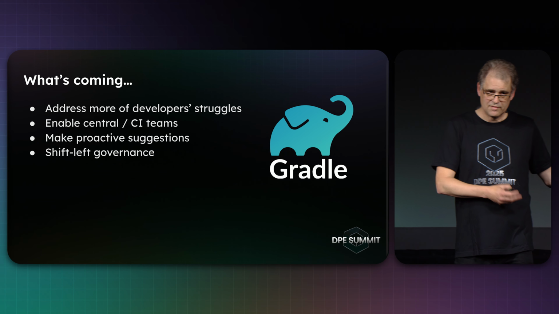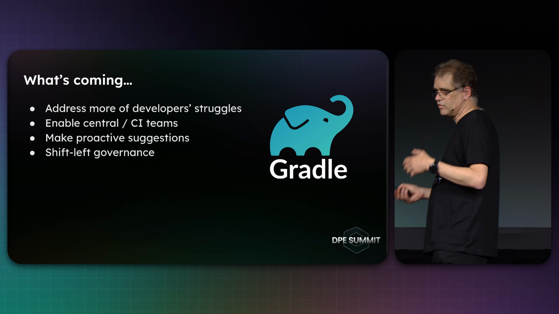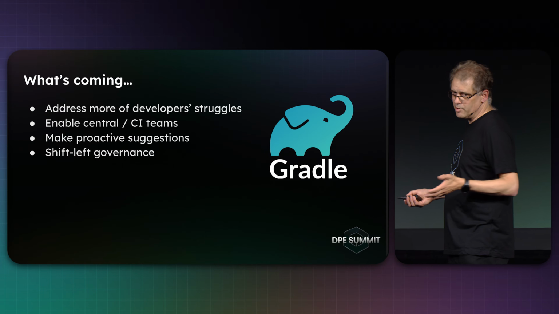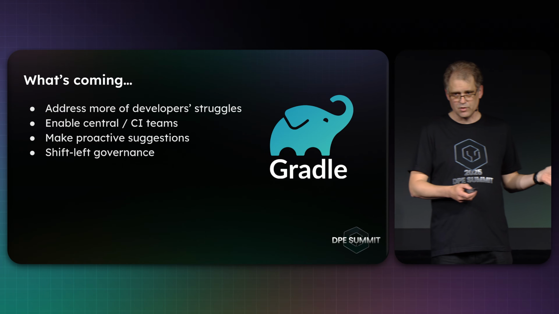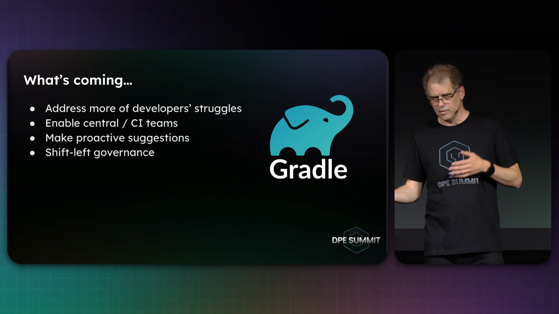We can say, hey, here's how you could optimize your build and make it 5 times faster. Here's how other people optimize builds similar to yours. And of course, we can shift left governance and bring warnings to the developers and say, well, maybe you should not use this dependency because that's going to be rejected when it comes to deploying it in production.